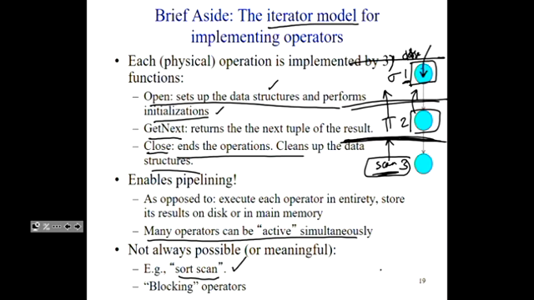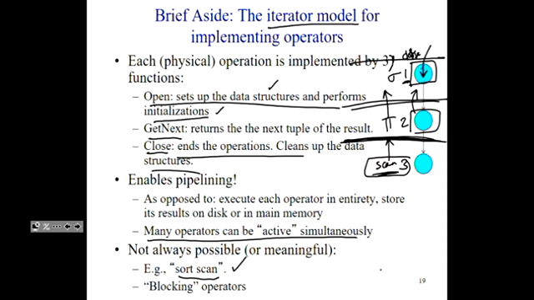Group by, once again, you can't really simply send up tuples to the next operator. You have to wait until the group by result is computed before you can apply the next operation on it. It is not meaningful to send partial results for group by, but for scan, for selection, for projection, all of these types of operators, it's perfectly reasonable to send up one tuple at a time.